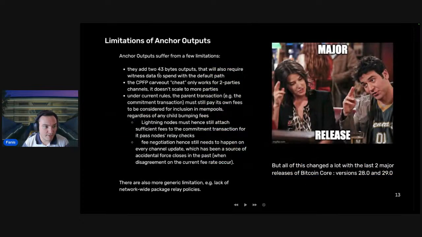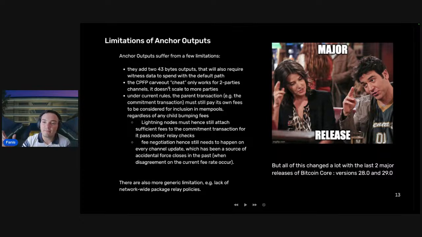Each of them is 43 bytes, and you also need witness data in order to spend them later. So it takes 43 bytes in the transaction when you create them, and it will take additional space as well when you spend them.